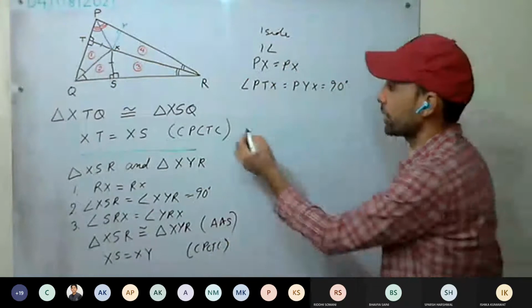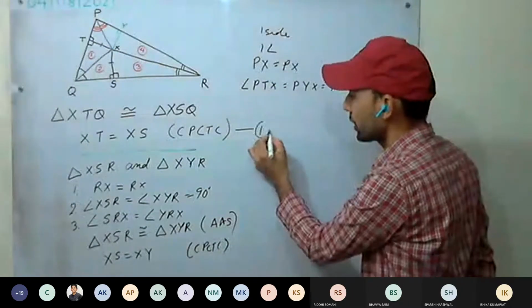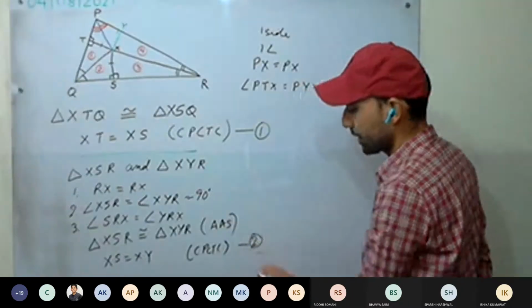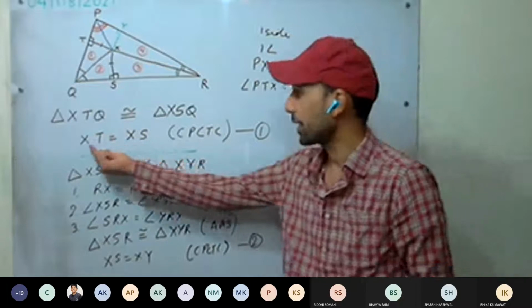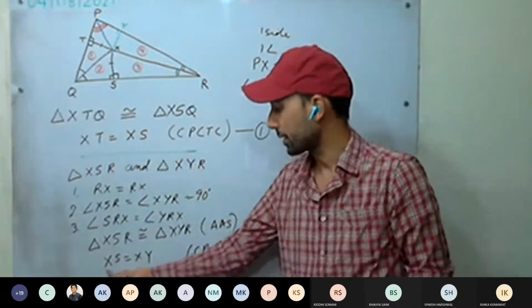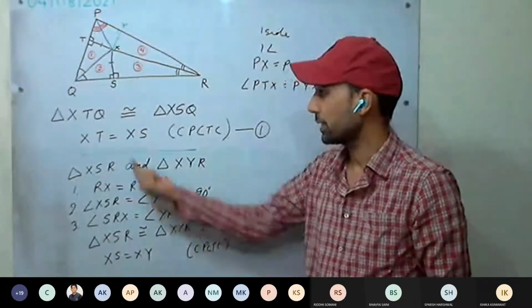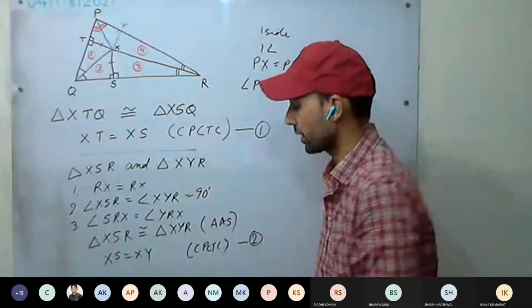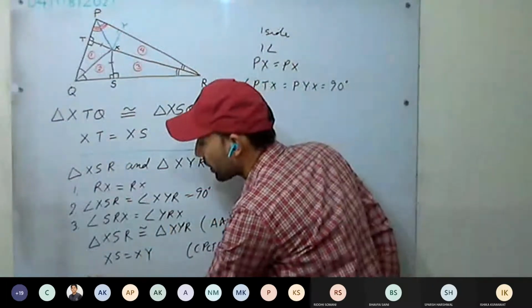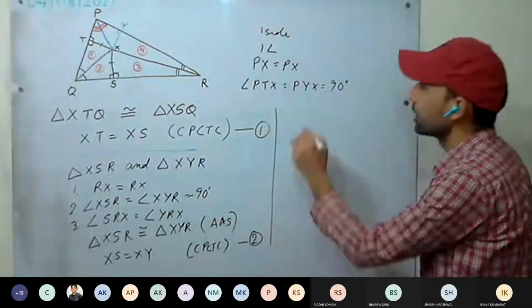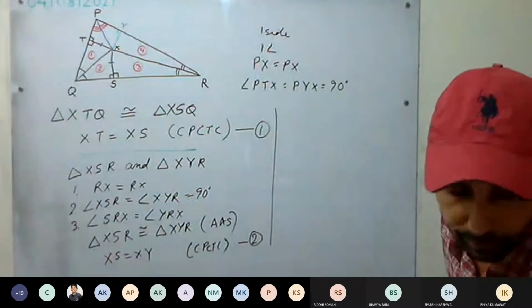Now you will do one thing. This is our first, this is our second. Compare them. XT equal to XS, XS equal to XY. It means XT equal to XY.